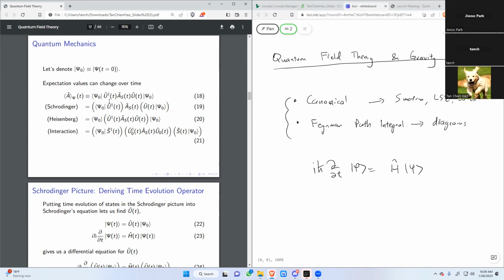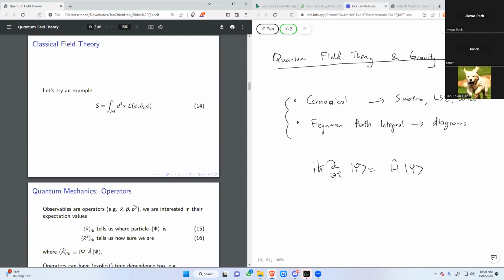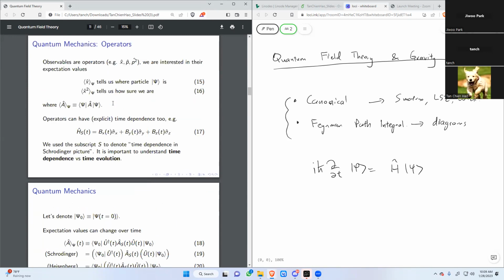The calculations we do in quantum mechanics mainly revolve around calculating expectation values of operators. For example, if we want to measure the position of the particle, we take the expectation value of the position operator with some state psi.